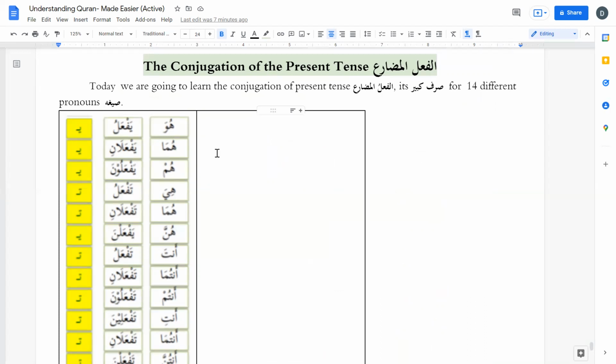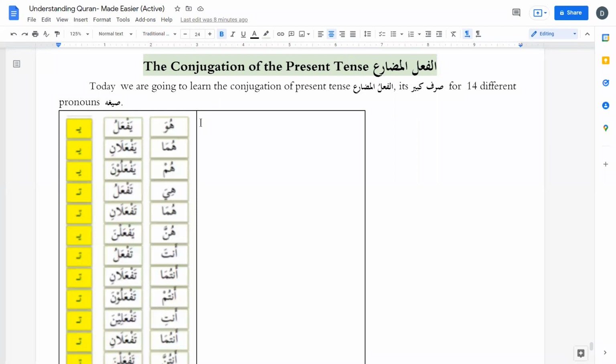And one important point is that in fi'l mudari, not only the ending changes, but the beginning of each present tense has some symbol according to the number and gender of the fa'il or the doer. Okay, so let's read one by one. Let me take the marker here.